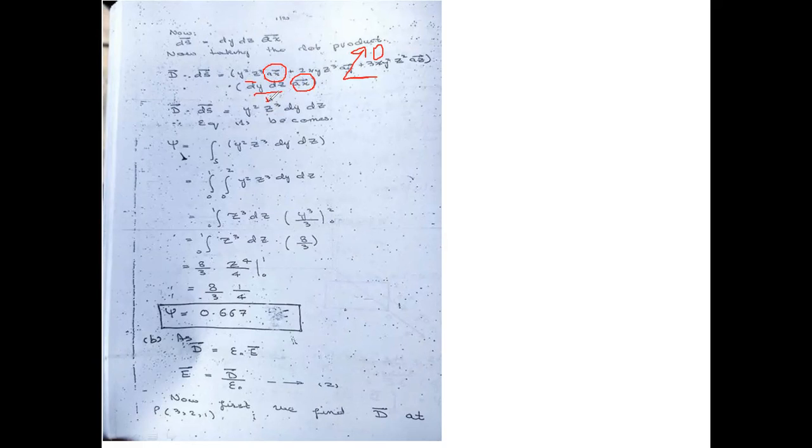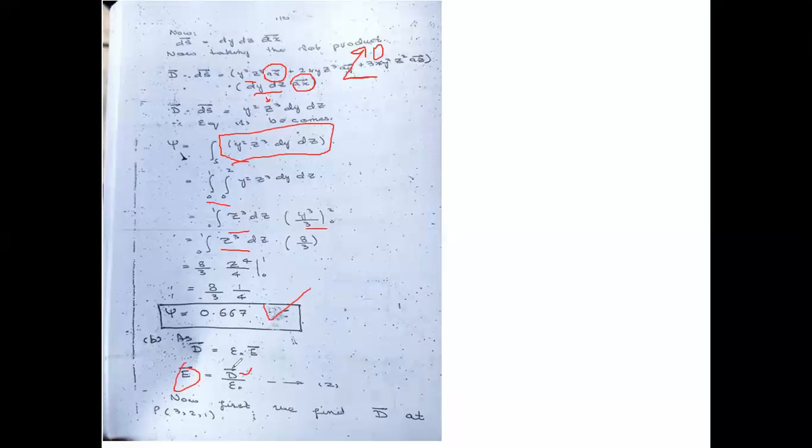So the dot product has been done. Now the step is applying the integration with the given limits. The limits for z are from 0 to 1, and for y from 0 to 2. This is the simple integration of z cube and y square. We will get psi.